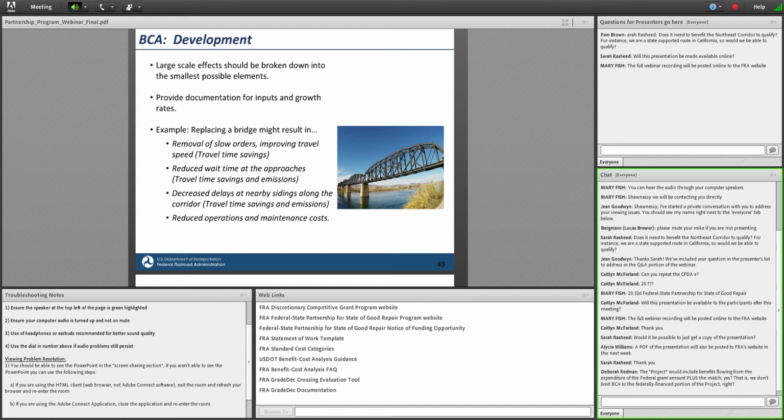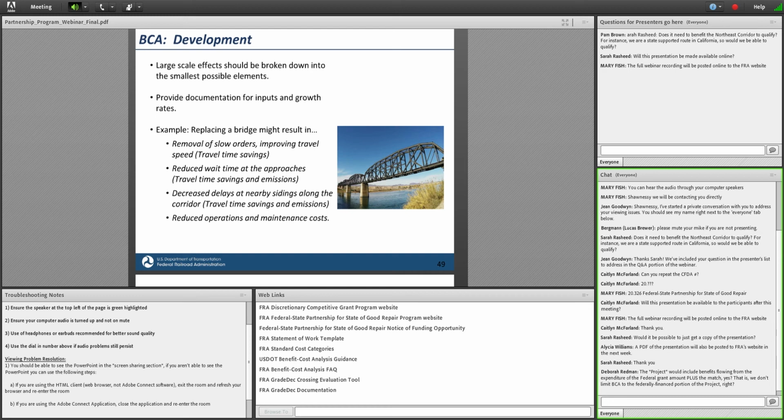And so the example there you can see at the bottom, replacing a bridge, all four of those bullet points are essentially the same thing, right? They will all reduce travel time savings.